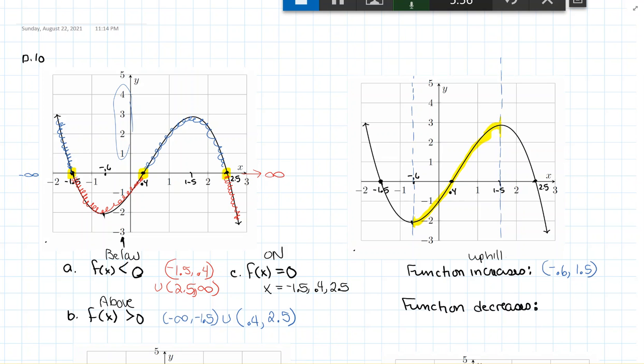So for the decreasing part, this is where I'm going downhill until I get to that point. Then I'm going uphill, and then all the way over here, I'm sliding back downhill again.